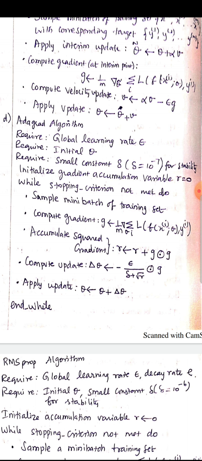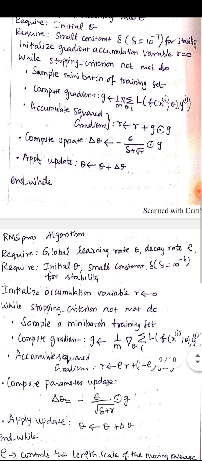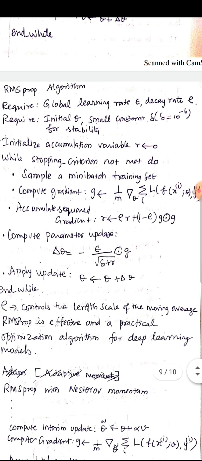So minus eta divided by delta plus square root of r is multiplied with your gradient, and that is called the change in your parameter direction, and that is added to or updated with your current parameter. So this is the way the AdaGrad algorithm calculates your optimization value for achieving the lowest cost function.